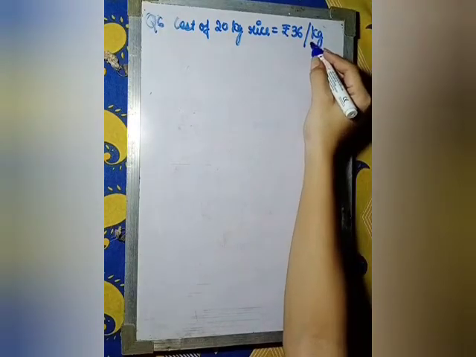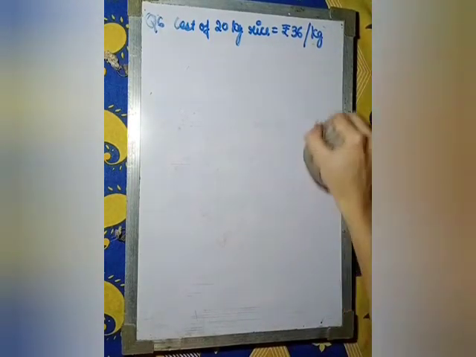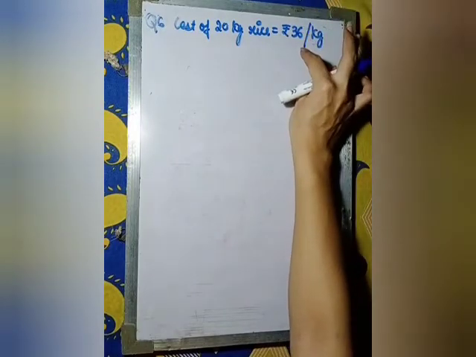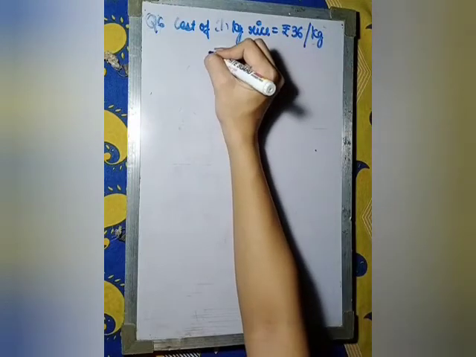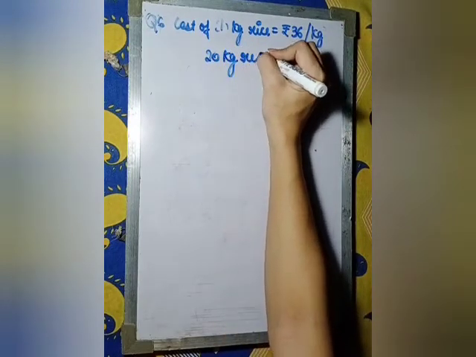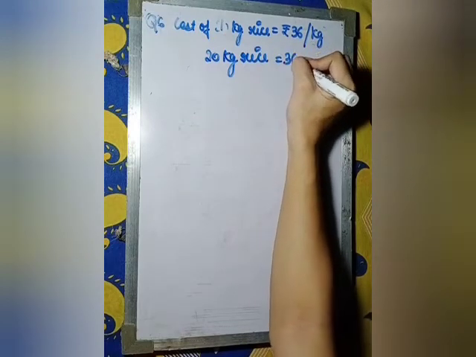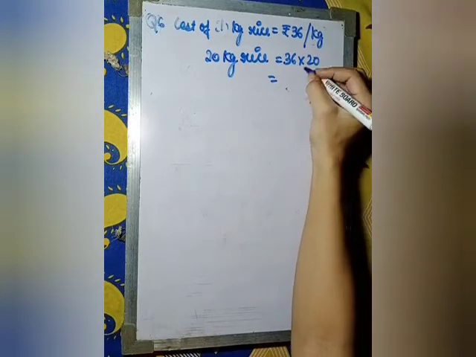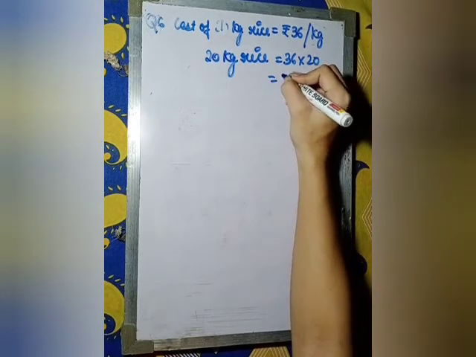This is the cost of 1 kg, and we have to find the cost of 20 kg. So the cost of 20 kg rice will be 720 rupees.